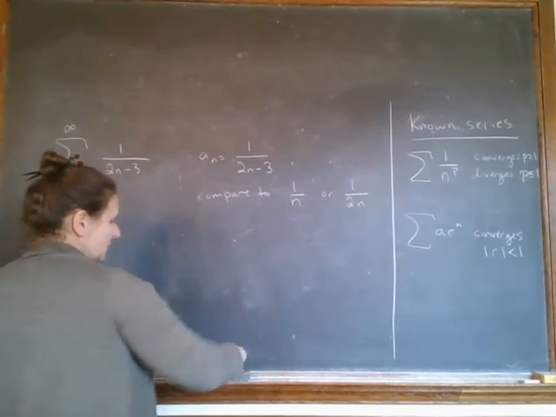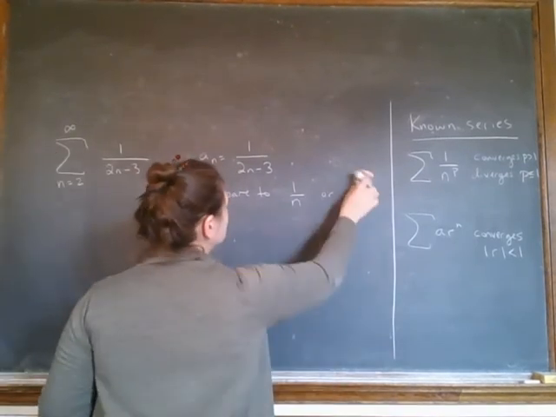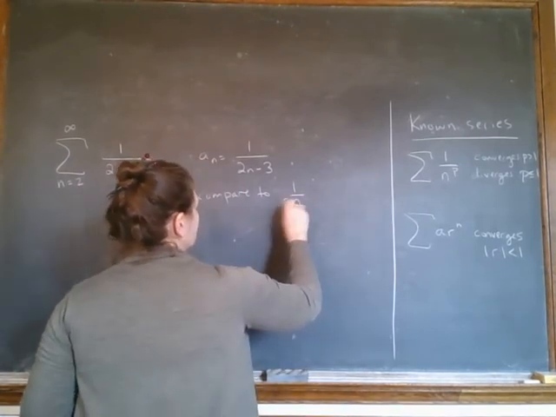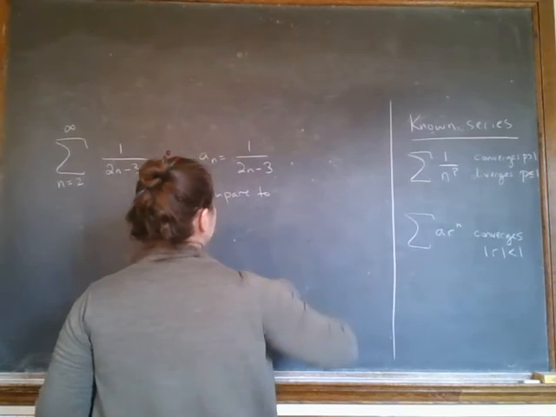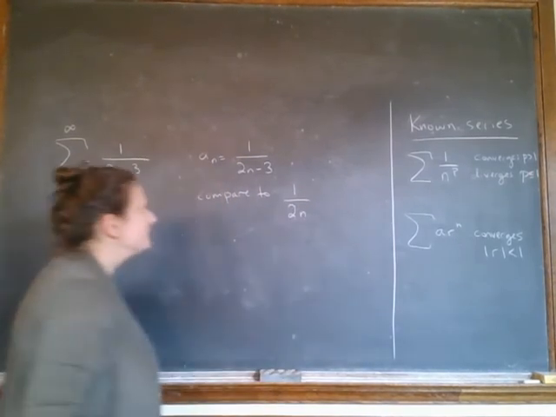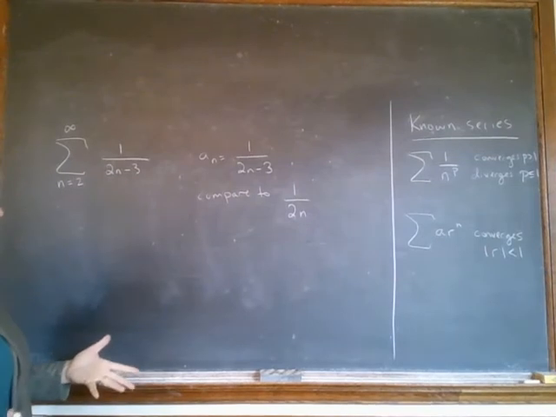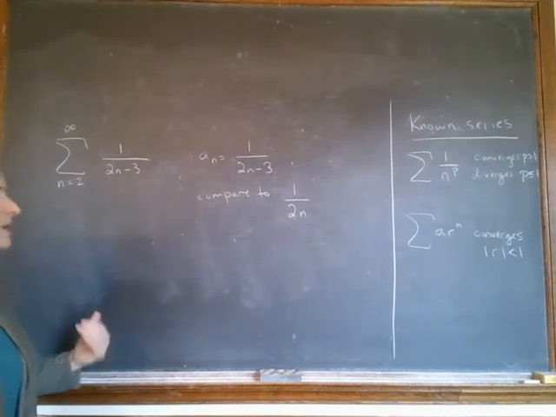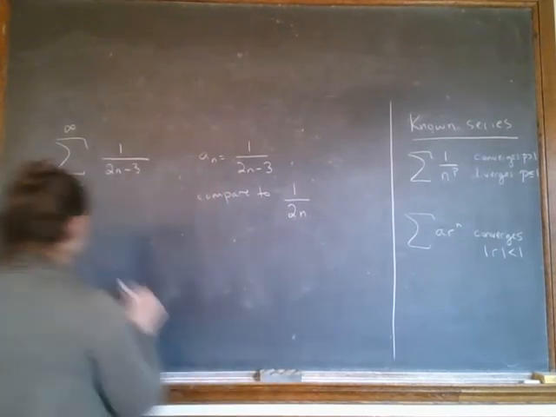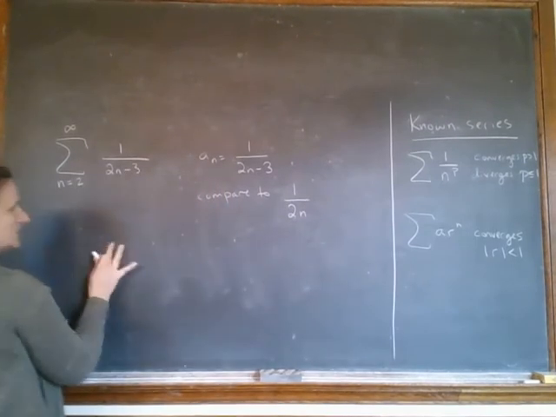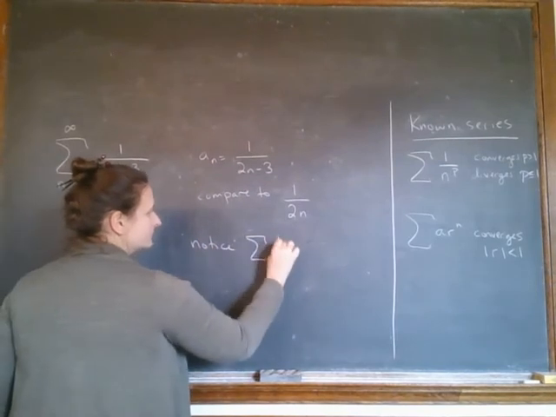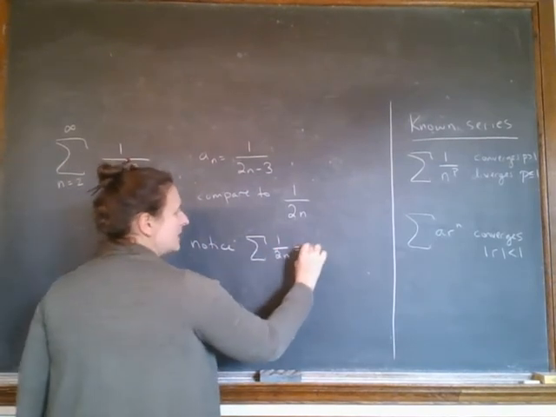Well, we're going to actually compare it to 1 over 2n, because we have to mess with the 3. So we're just going to compare it to 1 over 2n. Sorry, that's hard to see. I'm doing a little better there. Okay, so we're comparing to 1 over 2n. We know 1 over 2n diverges, right? Let's see here. I can pull out the 1/2, right?